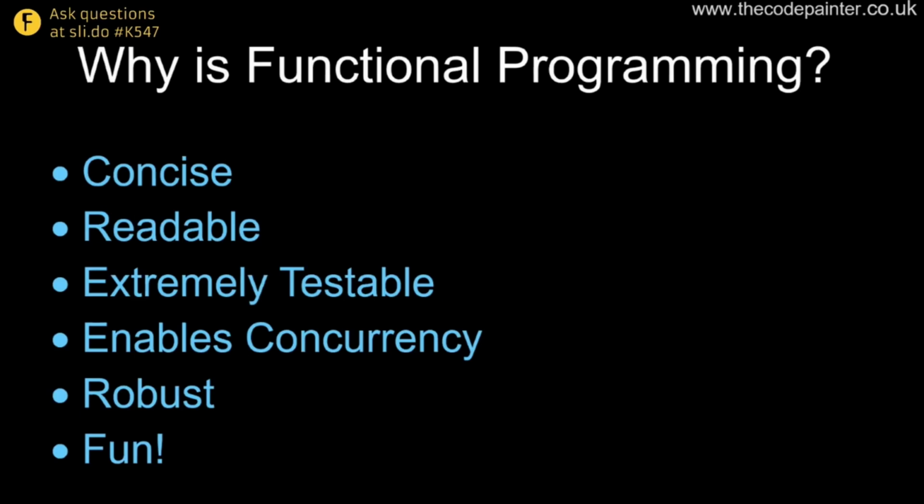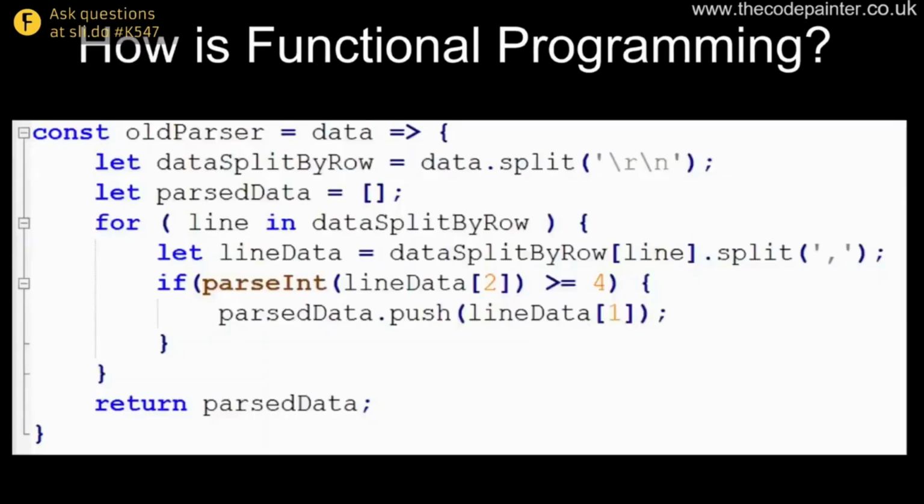It's more readable, mostly because of the concision, and it tends to enforce writing the code in an order of operations that's more logical and consistent with what we're actually trying to achieve. Very testable, concurrency, I've mentioned that, and robustness. And it's fun. I hope everyone will agree by the end.